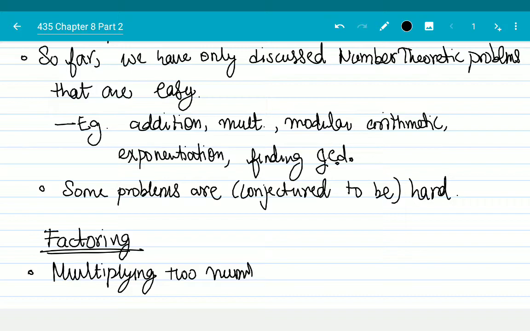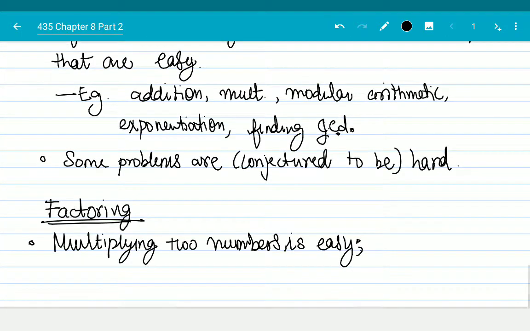It could be really annoying. If I ask you to multiply two 10-digit numbers, it's going to take you a while, but it's doable. Given a pen and paper, you could do it in a few minutes.